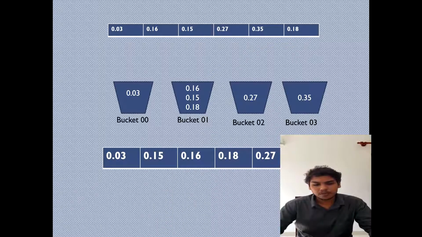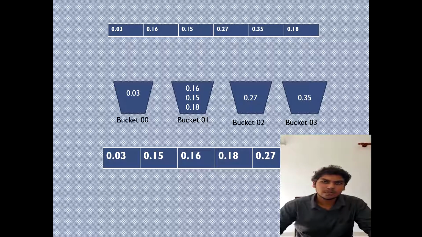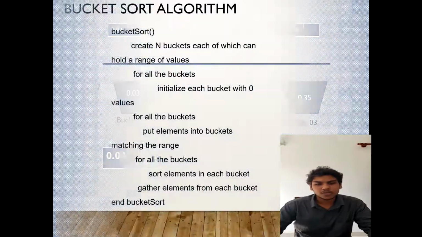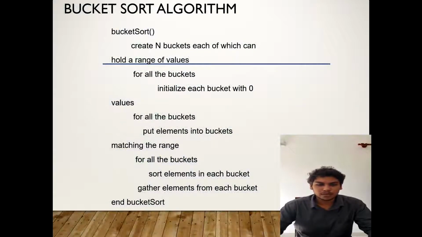So this is the sorted array we got. Each and every bucket is sorted independently using a sorting algorithm such as insertion sort or any other method. So let's see the bucket sort algorithm. This is the main algorithm of bucket sort. We create n number of buckets covering the whole range of values.